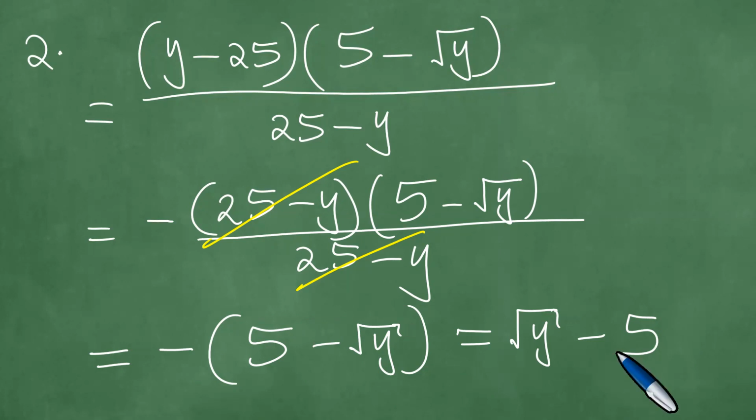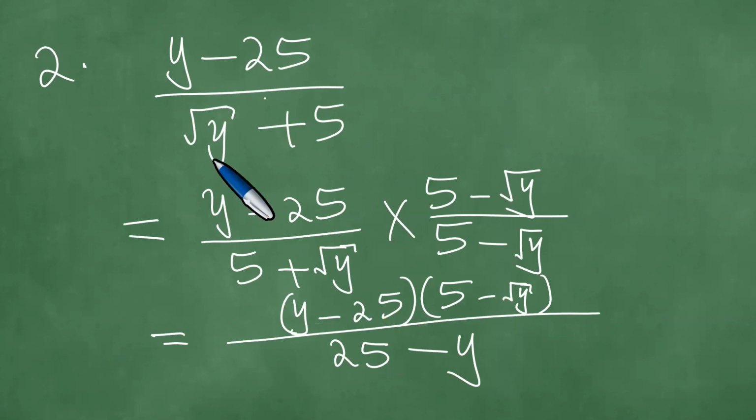Yes, I do have a question, sir. What is your question, Tando? As I can see the numerator, can you use difference of two squares from the beginning? Let me see. Yes, you can. But the question said do what?